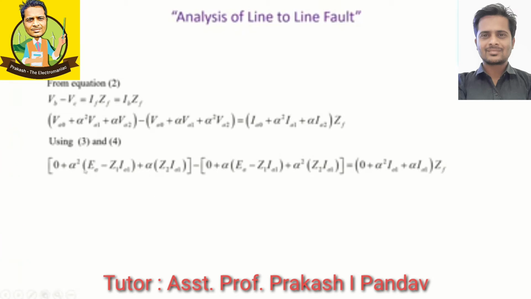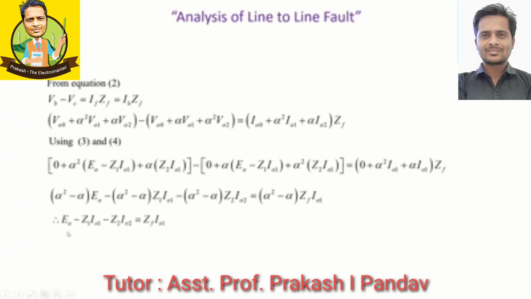And again, if we rearrange the terms, we get alpha square minus alpha into EA, minus alpha square minus alpha into Z1 IA1, minus alpha square minus alpha into Z2 IA2, is equal to alpha square minus alpha into ZF into IA1. Simplifying this equation, we get EA minus Z1 IA1 minus Z2 IA2 is equal to ZF into IA1.